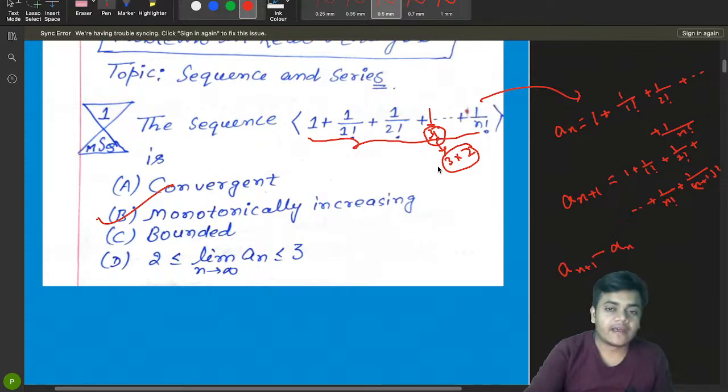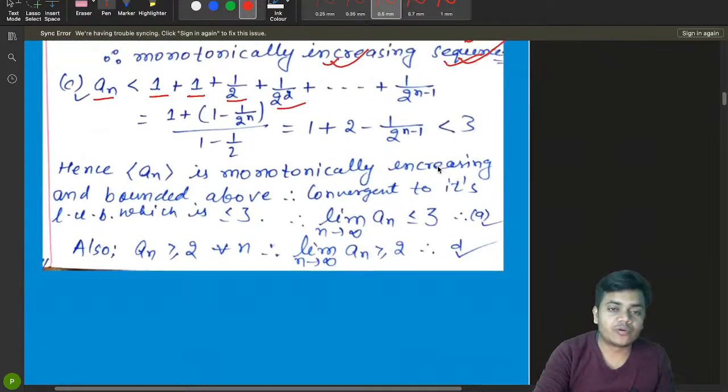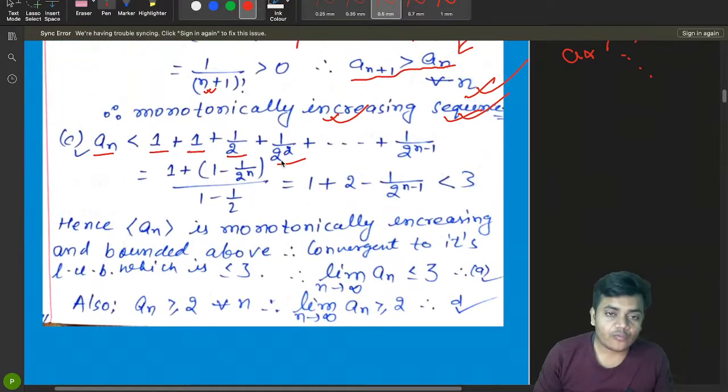That's why in place of factorial 3, when we write 2 squared, the reciprocal will be greater, and that's why the sign of inequality is over here. Because in an, the terms are 1 plus 1 by factorial 1 plus 1 by factorial 2 plus 1 by factorial 3 and so on.